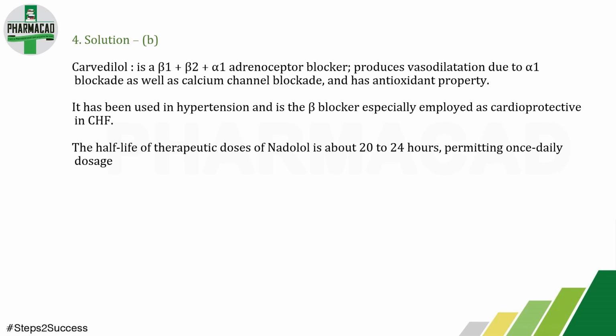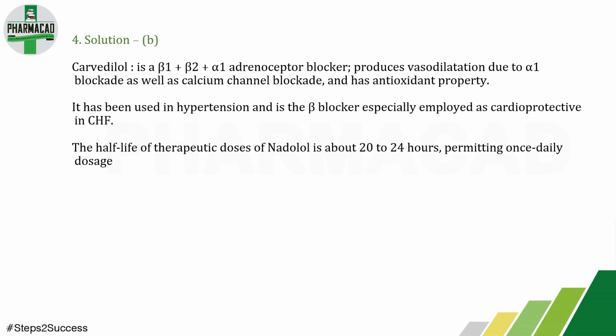So remember, the drug carvedilol is a beta-1, beta-2 and alpha-1 adrenoceptor blocker, and it produces vasodilation due to the alpha-1 blocking activity, as well as calcium channel blocking, and it has antioxidant property.